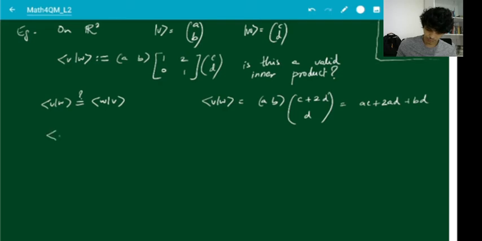Similarly, if I do WV, A goes to C and B goes to D. So I will get AC plus 2BC plus BD.